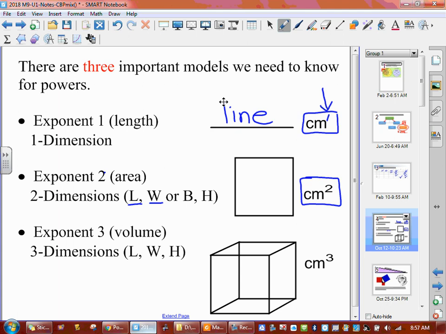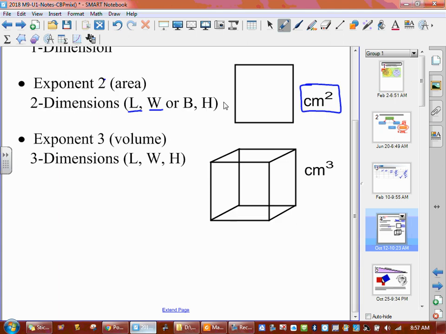Now, the big thing about volume is, if we're talking about 3D objects, volume is always the area of the base times the height of the object. They are always named by the base.